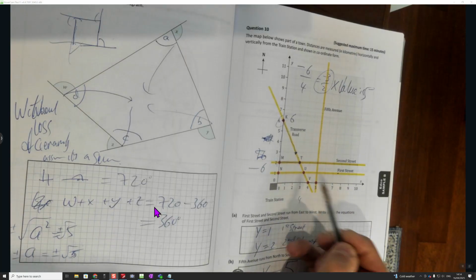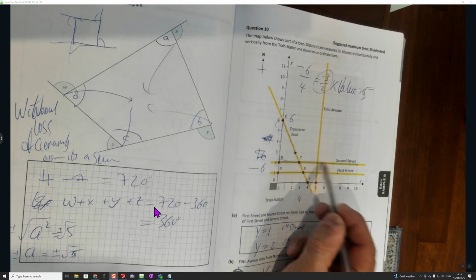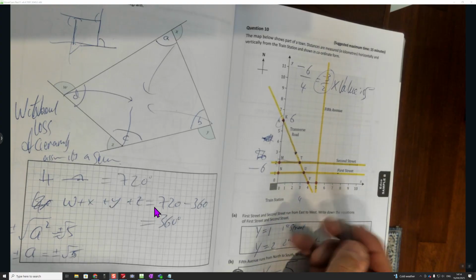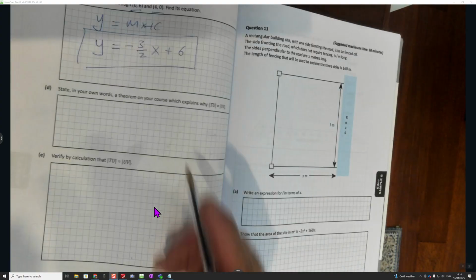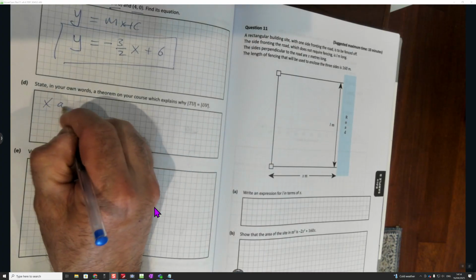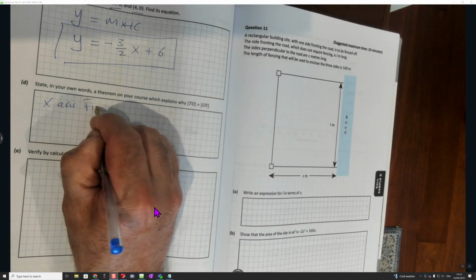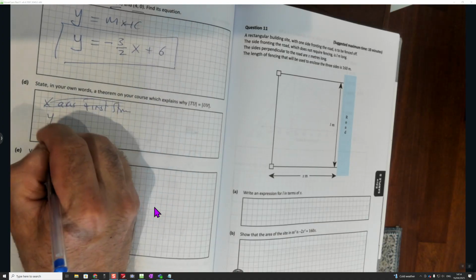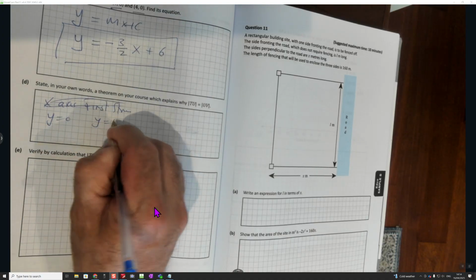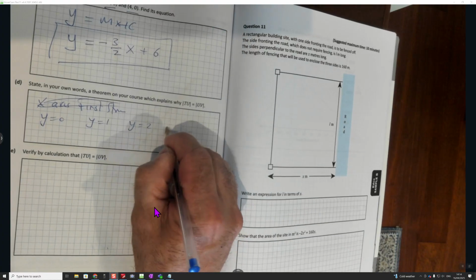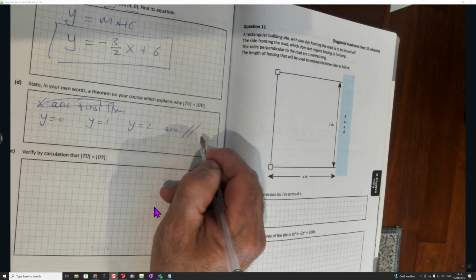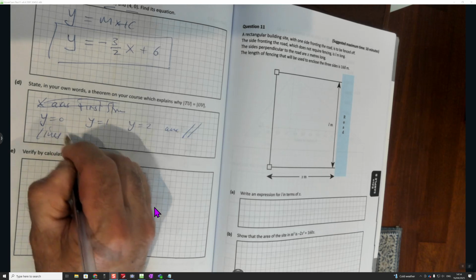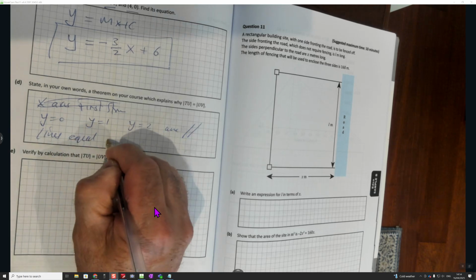So what we have is our parallel lines here, the x-axis, First Street and Second Street. The x-axis is y equals 0, y equals 1, y equals 2, parallel lines at equal distance.